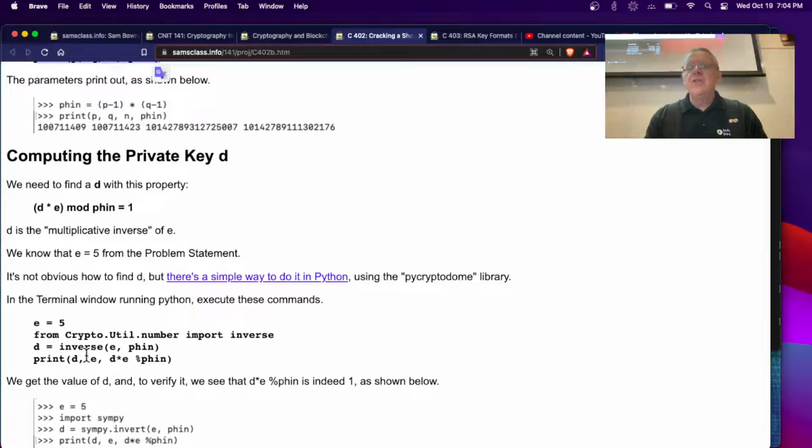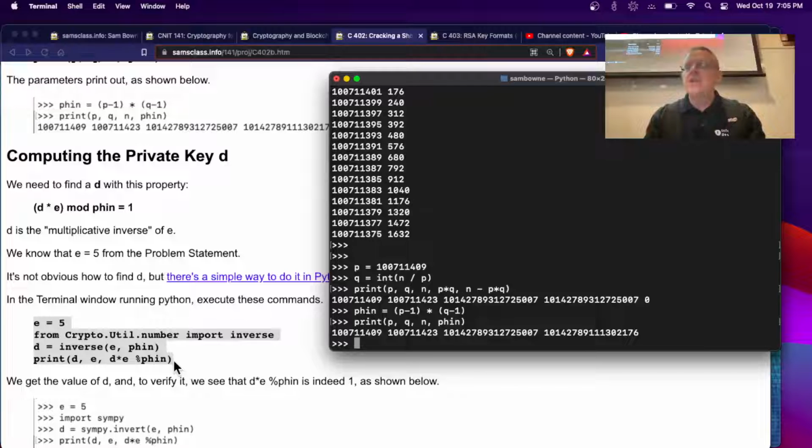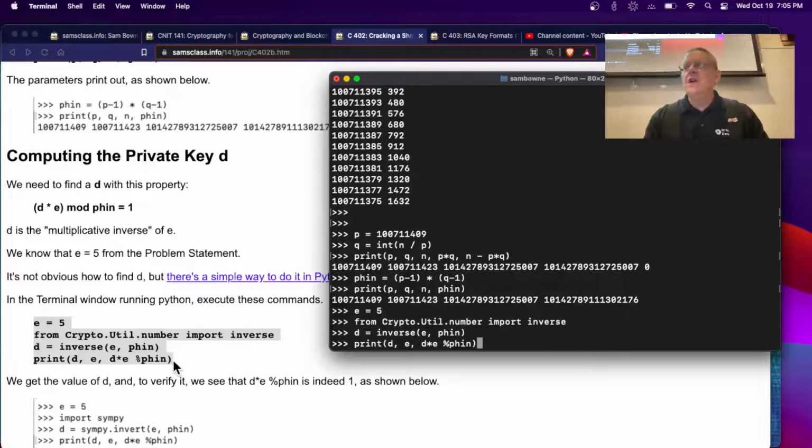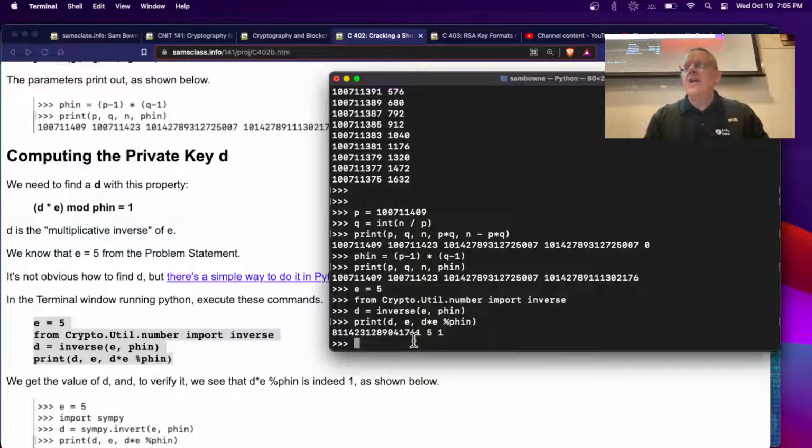So all you have to do is the inverse of E modulus phi. You just have to import that function. So I'm going to use 5 for E. Like I say, 5 is one of the common numbers people use for this. I'm just going to use the algorithm somebody else wrote. It imported, well, because I imported Cryptodome. PyCryptodome contained this inverse function, and so I can now get D.